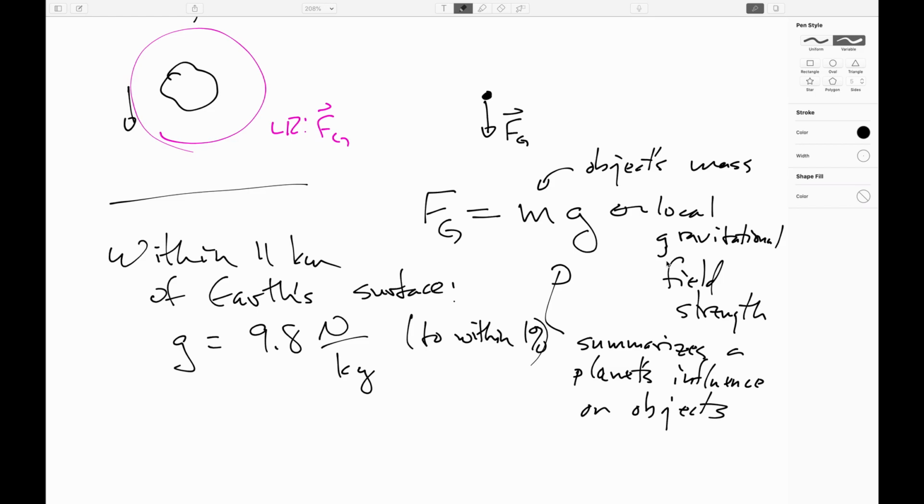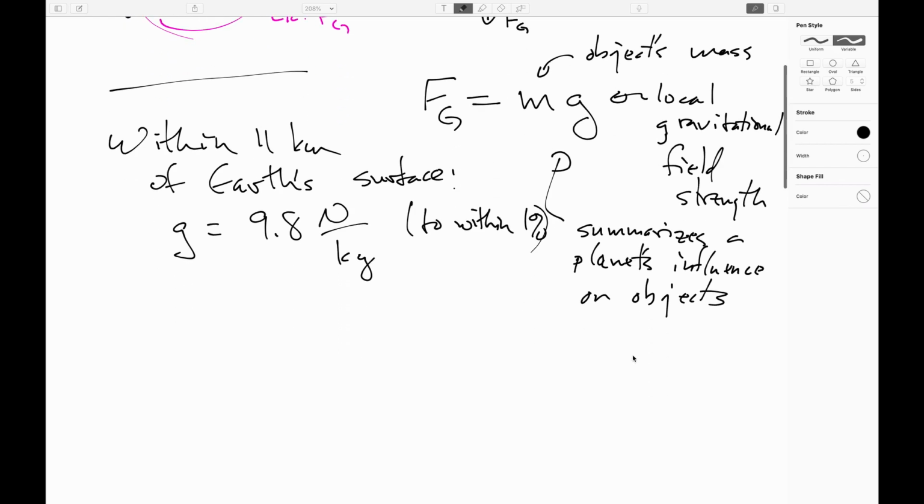Now, dimensionally, if you grind it through, we'll see that that has the same dimension as meters per second squared, because a newton is a kilogram meter per second squared. The kilograms cancel.